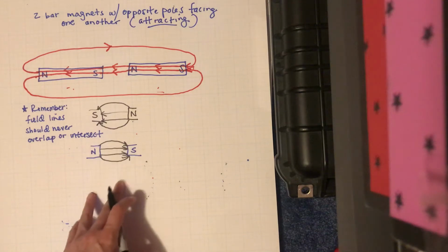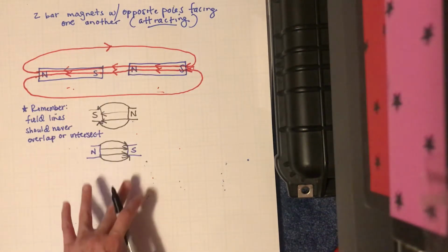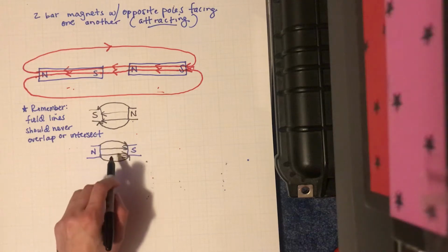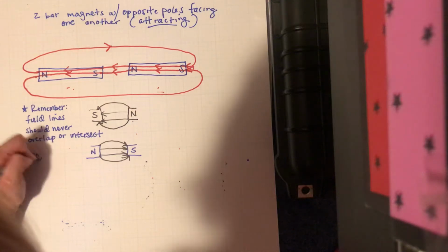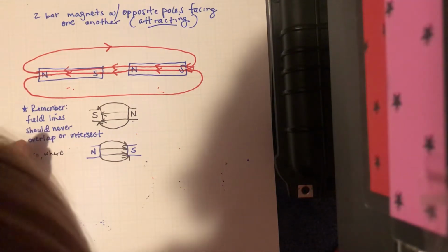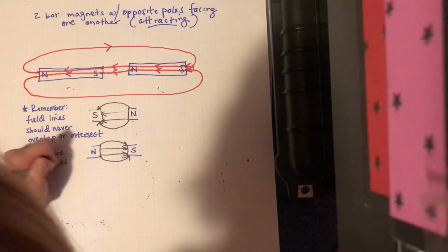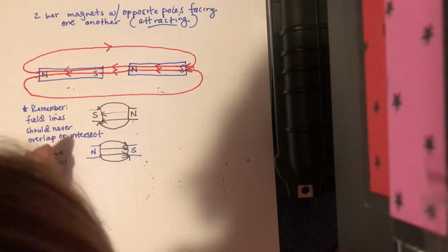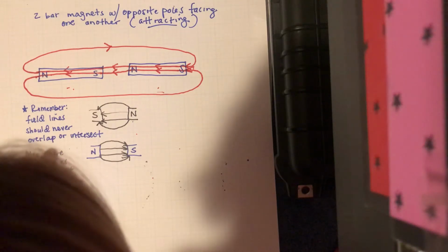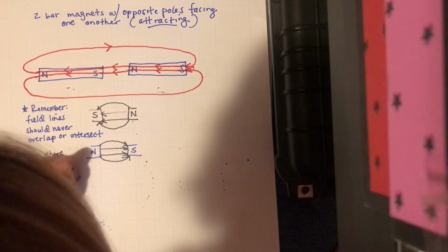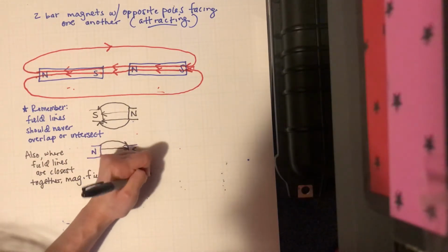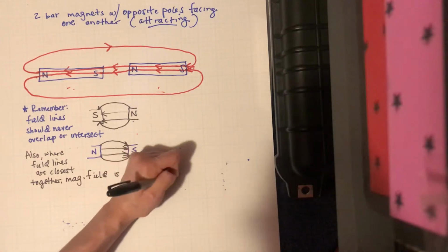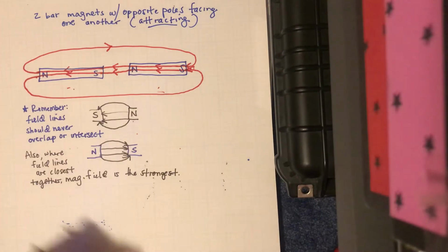And it's just like in electric field diagrams, in magnetic field diagrams, wherever the field lines are closest together, the magnetic field is the strongest. And we know that the further you get away from these magnets, the weaker that magnetic field strength will be.